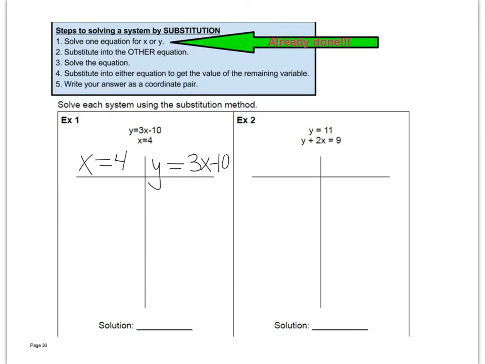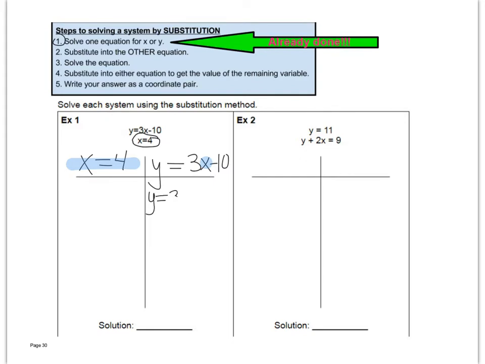So if you notice, in this second equation, that first step where it says solve for x or y is done. X equals 4. It's already solved. You know what x equals. Over here, in this system, we know that x is the same for both relationships. So we're going to go over here and substitute that in. We're going to replace.